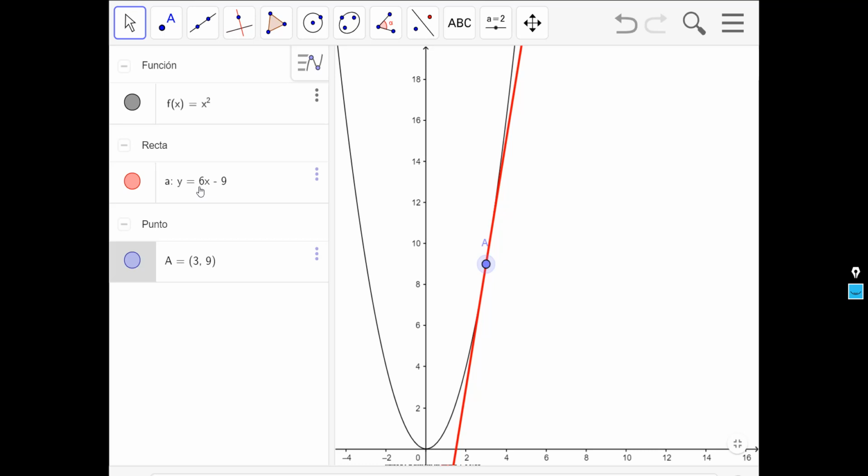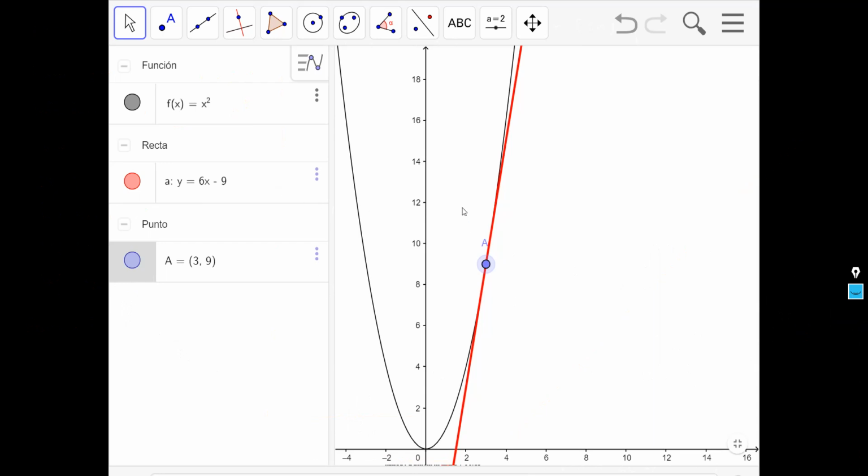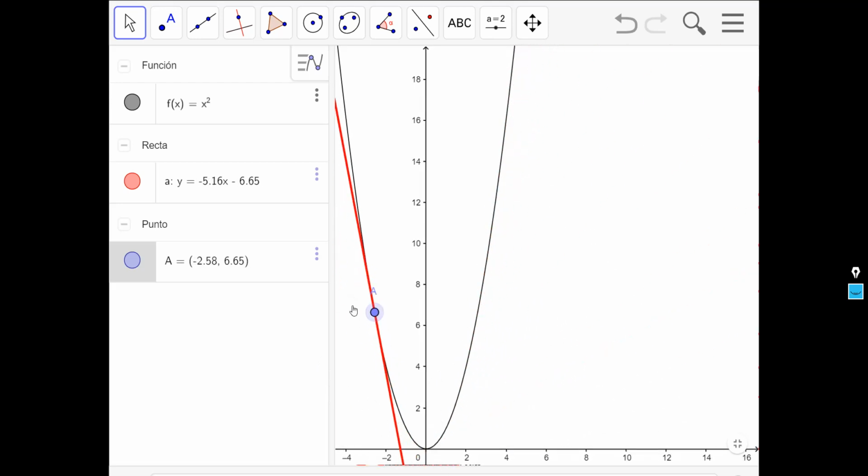You see? So that formula that we found, f prime of x equals 2x, is a general formula. Once you have it, you can use it to find the slope of any of these tangents. It doesn't matter which one. And you can get it in, I mean, like 5 seconds, right?